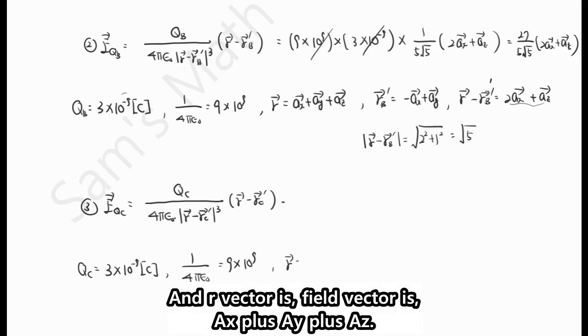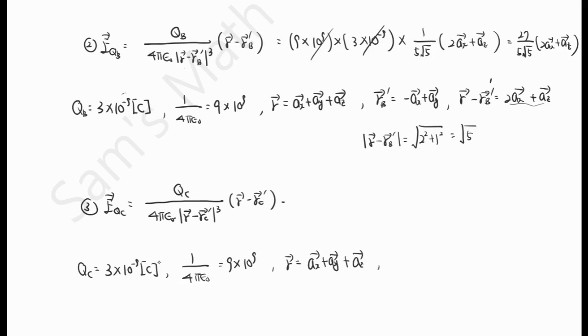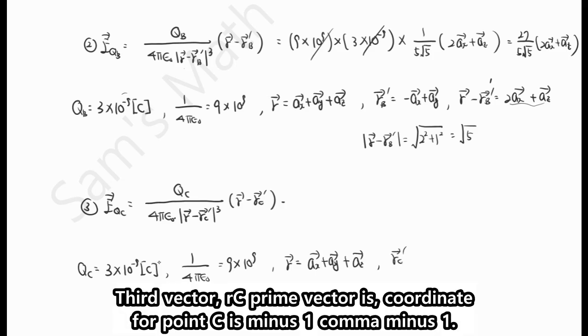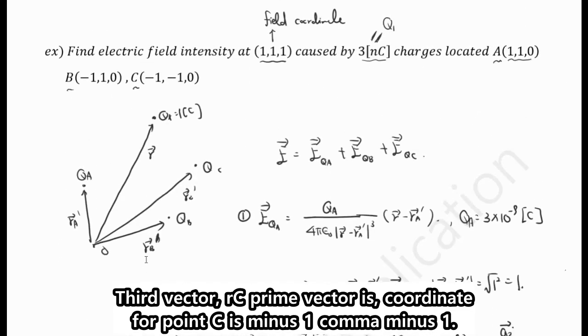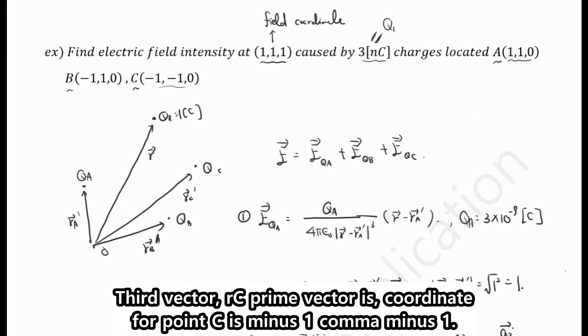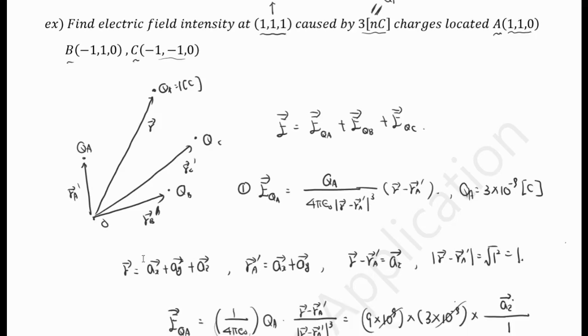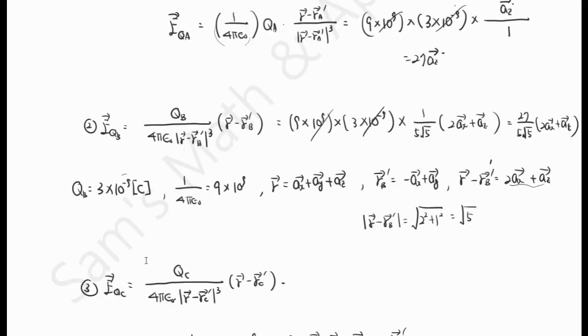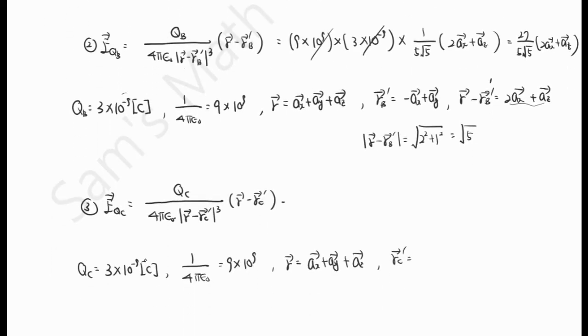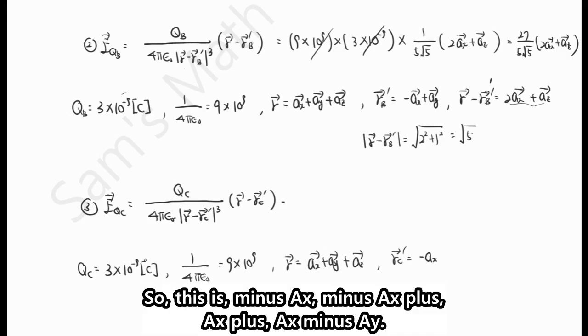R vector, the field vector, is AX plus AY plus AZ. The source vector RC prime vector is the coordinate for point C, minus 1, minus 1, 0, which is minus AX minus AY.